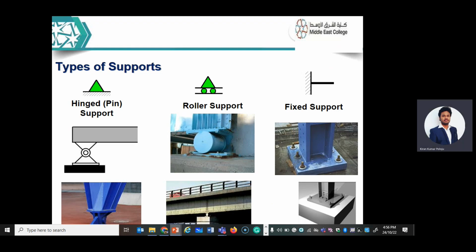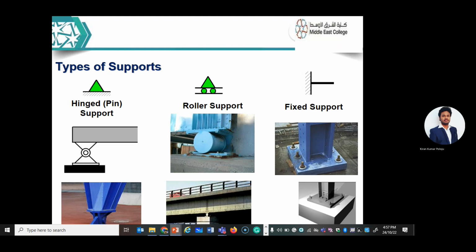These are the fixed supports. Fixed means it will not come back or move. It is fixed. This is roller support, you can see on bridges. And this is a pin or hinge support. So these are the three types of supports in general we use for different types of construction. Is it clear?